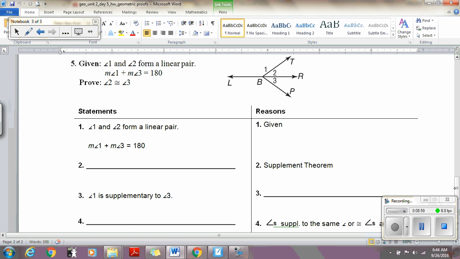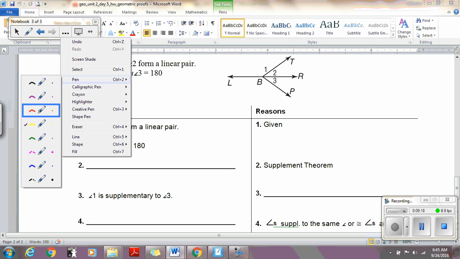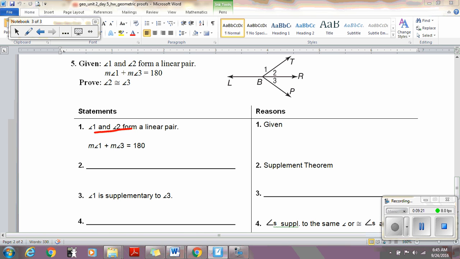Then on statement 2, they give us the reason, and they tell us to use the supplement theorem. The supplement theorem says if two angles form a linear pair, then the angles are supplementary. So we're probably going to look back at statement 1 where we talked about angle 1 and 2 being a linear pair and apply that for statement 2. So now we're going to say that angle 1 and angle 2 are supplementary.